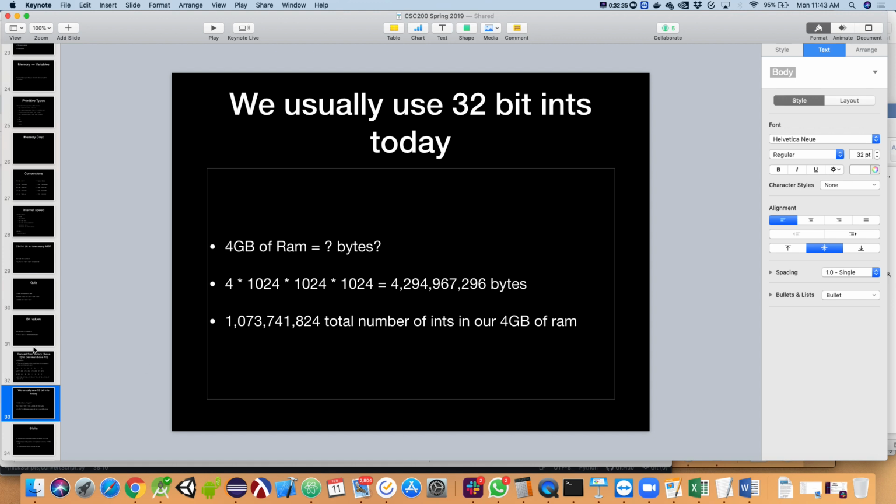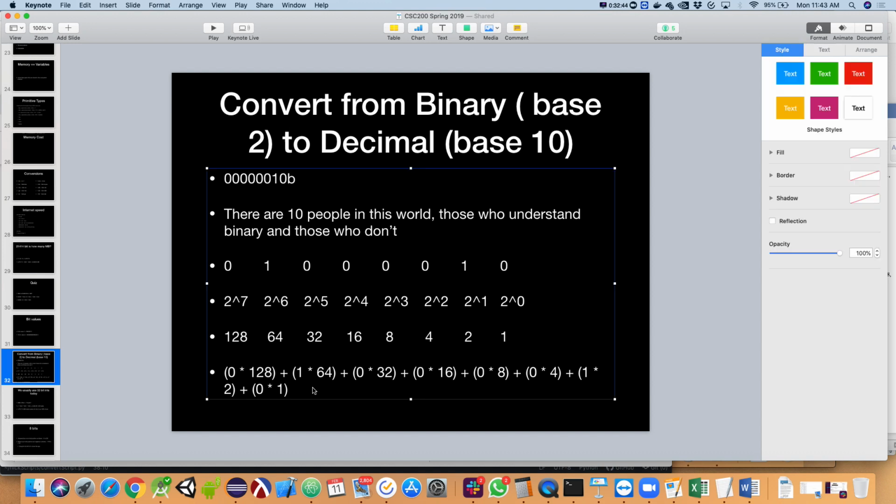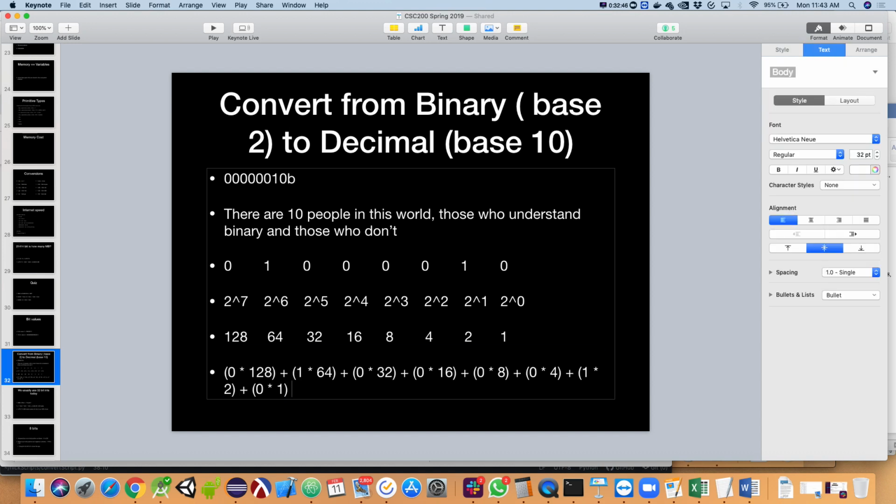Okay, so we've seen how to convert from binary into decimal. So in this little example here, we got the number 66, right? I went and added this 1 up here to give me a little bit bigger number. So that was 1 times 64 plus 1 times 2. That gave me a 66.